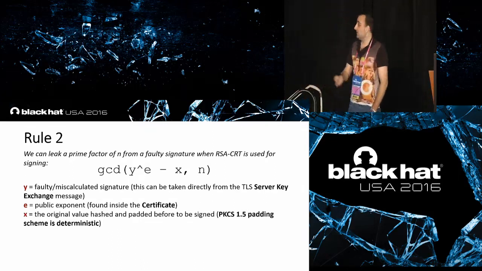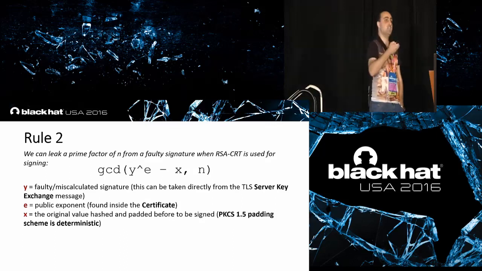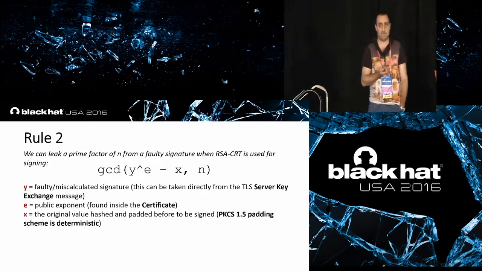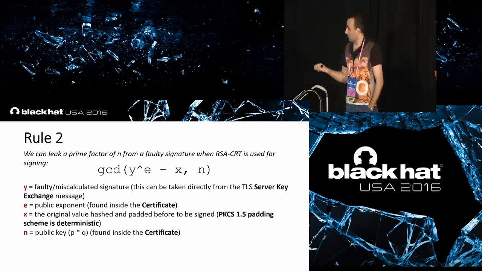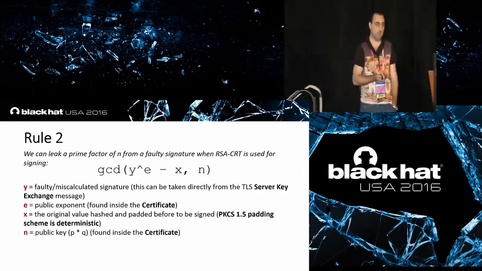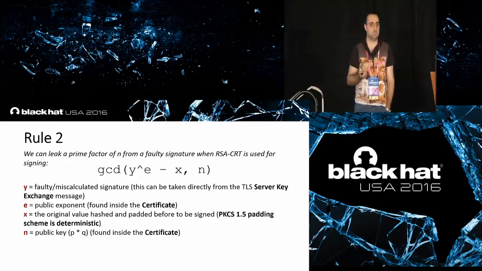X is the original value that has been hashed and padded. And if you remember, PKCS 1.5 is a deterministic padding scheme. And N is the public key of the server that can also be found inside the certificate. So they are all public information.